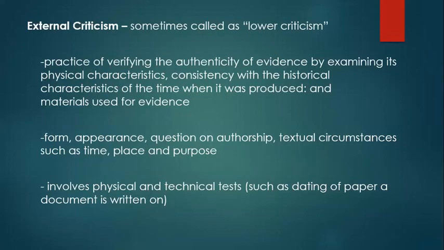And so the external criticism is sometimes called lower criticism. It is the practice of verifying the authenticity of evidence by examining its physical characteristics, consistency with the historical characteristics of the time when it was produced, and materials used for evidence.